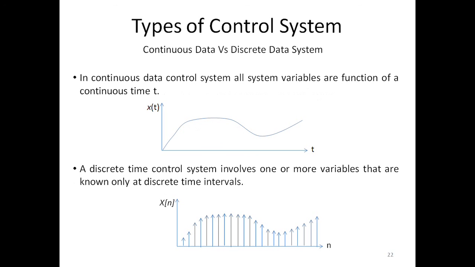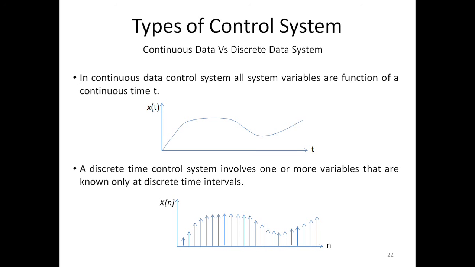The next classification is continuous data versus discrete data systems. In a continuous data control system, all system variables are functions of continuous time t. Look at this graph, x of t versus t, meaning time. At every instant of time you get some finite output, x of t, at every instant.